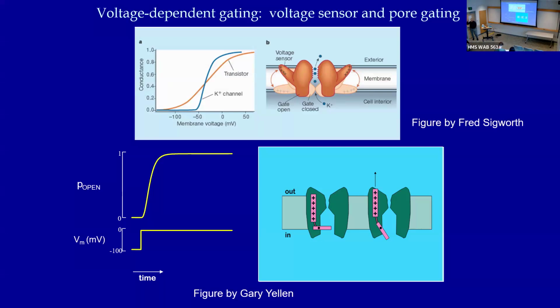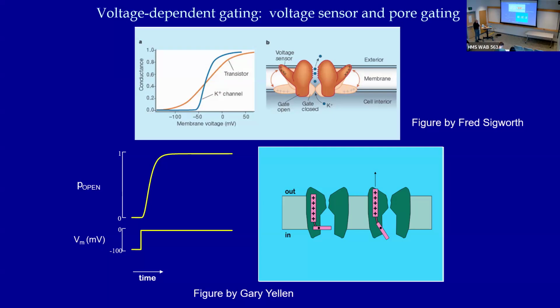They're in the membrane, and when there's a depolarization across the membrane, these positive charges move from a more inward position to a more outward position. And when they do that, they are coupled to these gates that Armstrong and Hille hypothesized were on the inside of the channel, which turned out to be exactly correct.